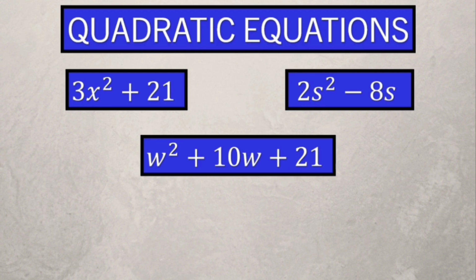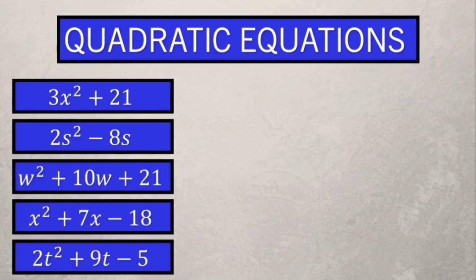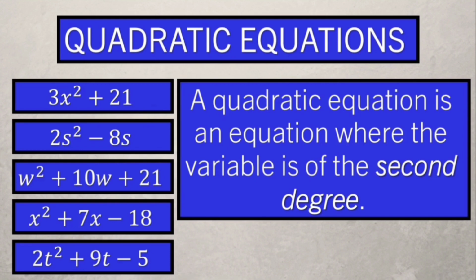So let's first define quadratic equations. A quadratic equation is an equation where the variable is of the second degree. As you can see on the left side of our video, we have here examples of quadratic equations. We have 3x squared plus 21. When we say second degree, it means the highest exponent in the given expression should be 2. As you can see, the highest exponent in 3x squared plus 21 is 2.